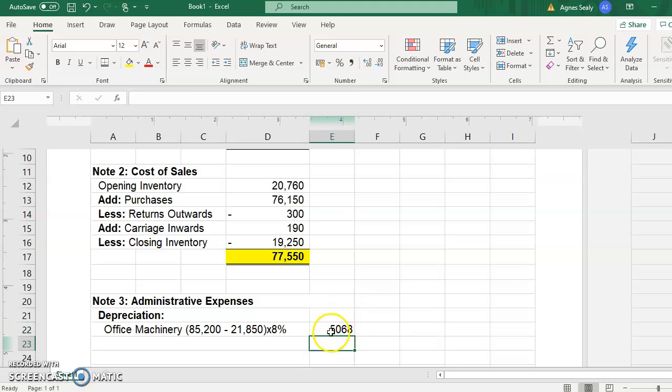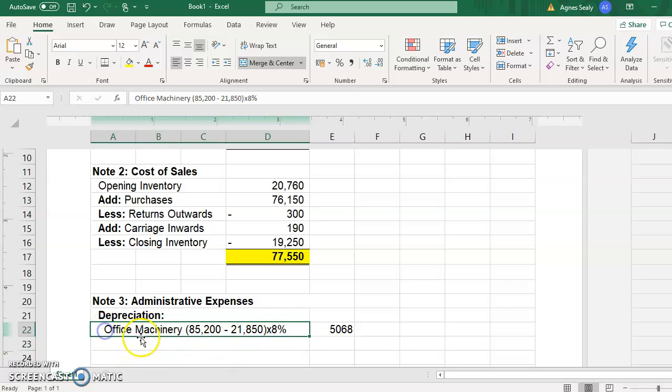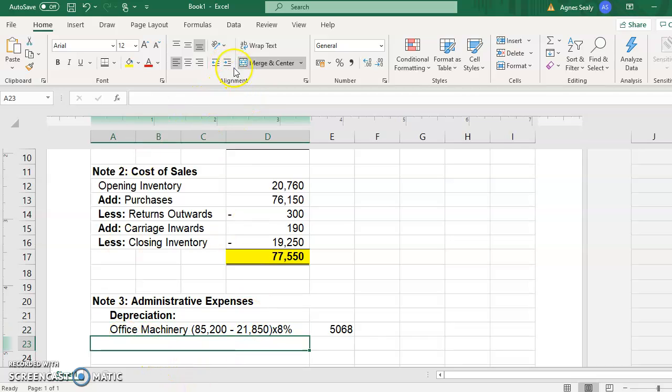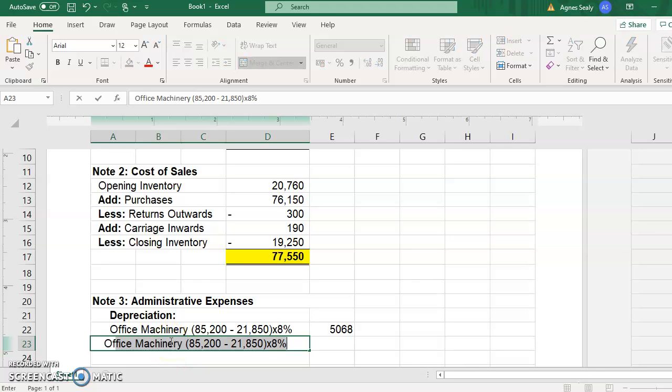So our depreciation on our office machinery is $5,068.